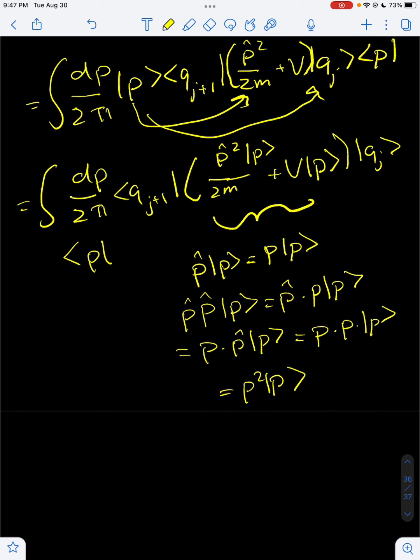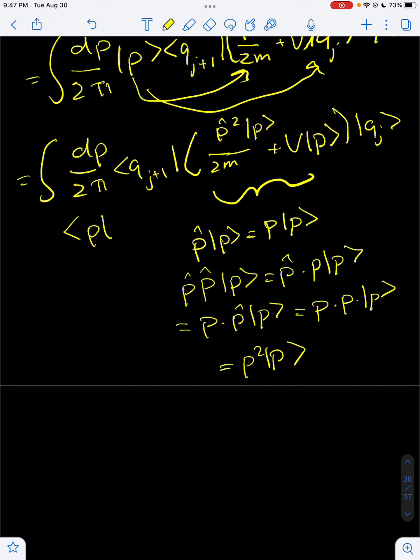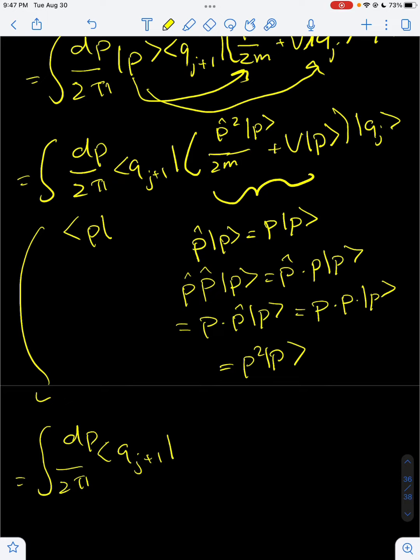All right, so this means that this is just the integral dp over 2 pi times <q_{j+1}| p squared |p> over 2m plus V|p>, and then we had that |q_j> and that <p| at the end.